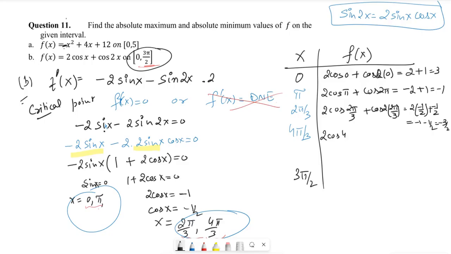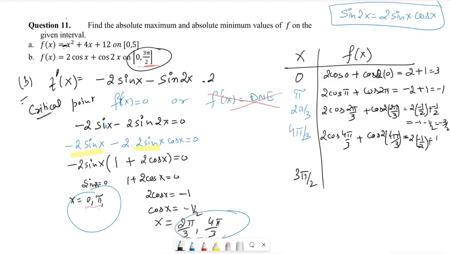2 cosine 4 pi by 3 plus cosine 2 times 4 pi by 3. Cosine 4 pi by 3 is in the third quadrant, so negative 2 times negative half. And cosine 8 pi by 3. You see, this is, let's fix that. 2 times 4, 8 pi by 3. 8 pi by 3 is coming in the first quadrant.